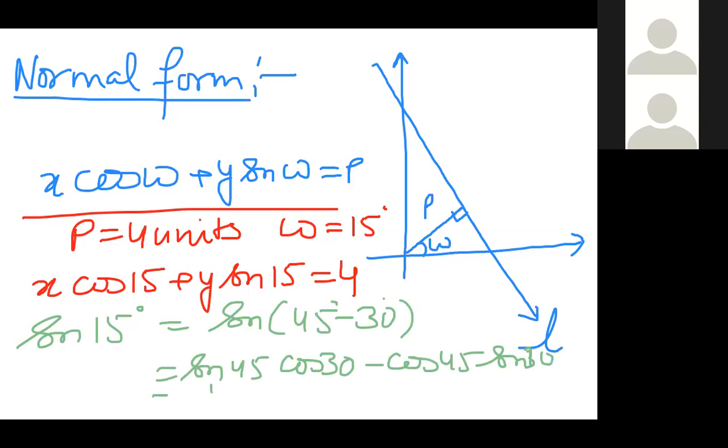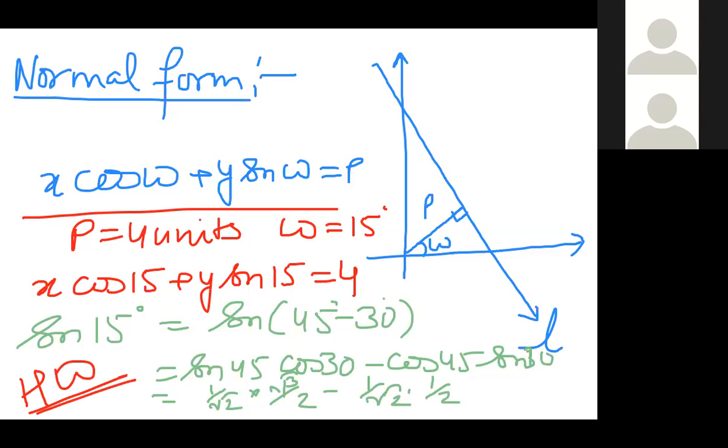So it will be 1 by root 2 times cos 30, root 3 by 2, minus cos 45, 1 by root 2, times sin 30, 1 by 2. So this will be the overall expression. Now simplification you have to do, and in this way you will be able to solve this question. So this is your homework question. I suppose each one of you will be able to do this question.